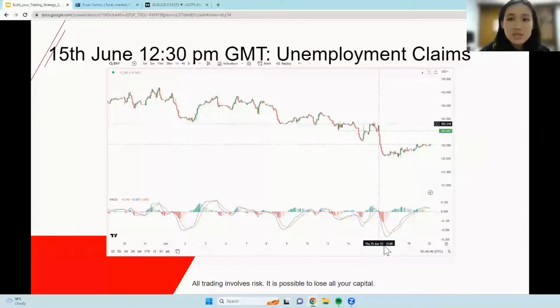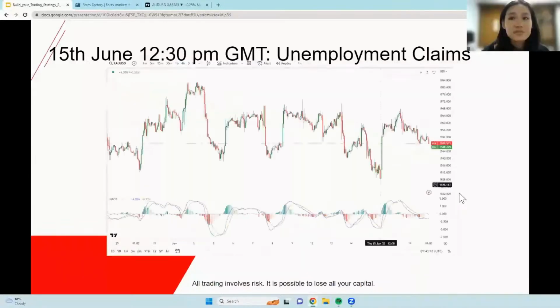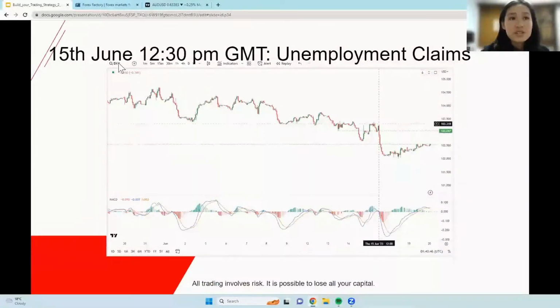Okay, so in this example, on the 15th of June, we had the unemployment claims, which was over here. You can see Thursday, 15th June at 12 o'clock, we can see this drop over here, because of the unemployment claims data. And this is on our DXY. So we see this drop.